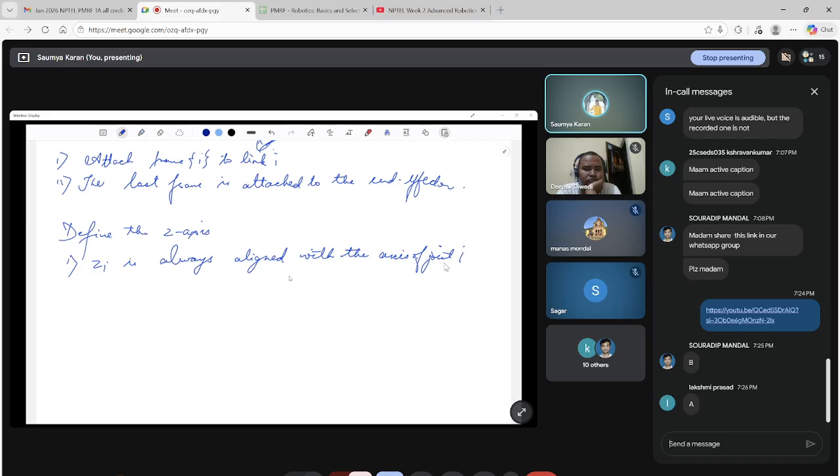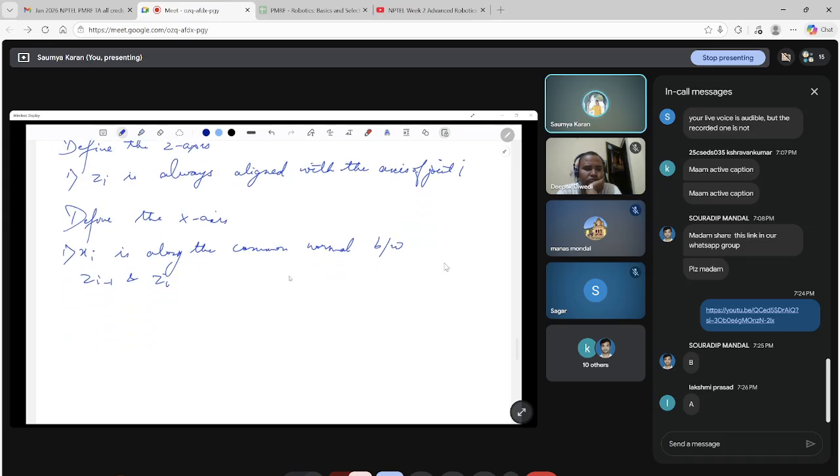For a prismatic joint, it is the translation axis. Now, we want to define the x-axis. xi is along the common normal between zi minus 1 and zi.